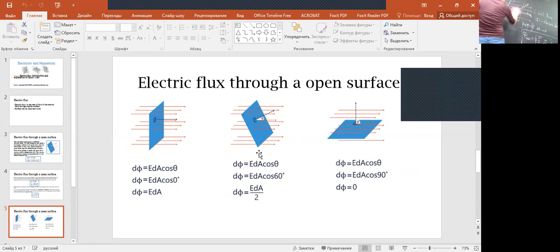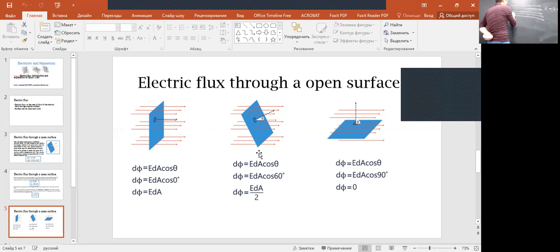So, for example, example number 1. We have the electric field lines going from left to right, and this is equal to, let's say, 2 multiplied by 10 to the 3 newtons per coulomb.